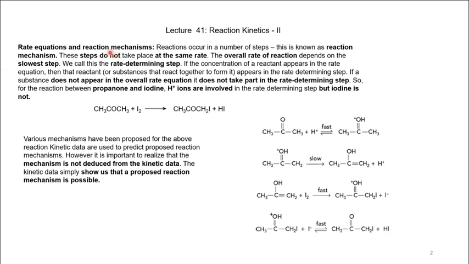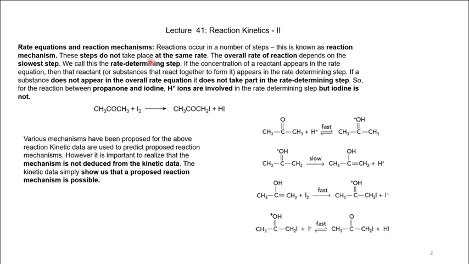Okay, we are talking about reaction rate equations and how rate equations depend on various parameters. And now we can also talk about reaction mechanism. What is reaction mechanism? Well, a reaction can proceed with a number of steps, and this is known as a reaction mechanism.